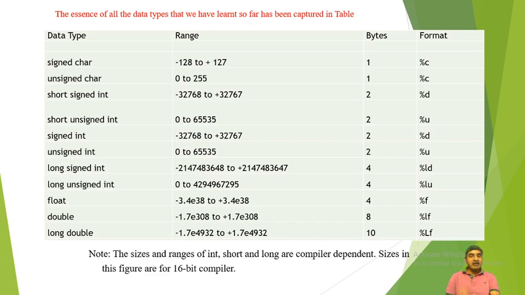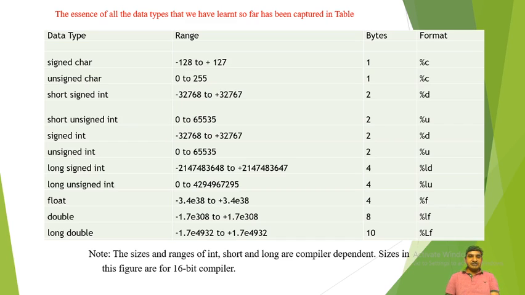It is 1 byte. When we use this data type in input or output, the format is %c. Unsigned character, the range is 0 to 255. It is 1 byte and the format is %c.